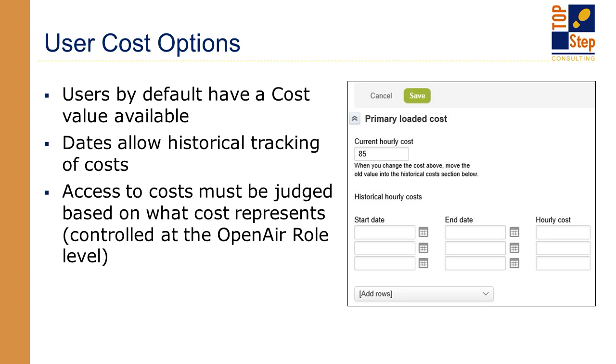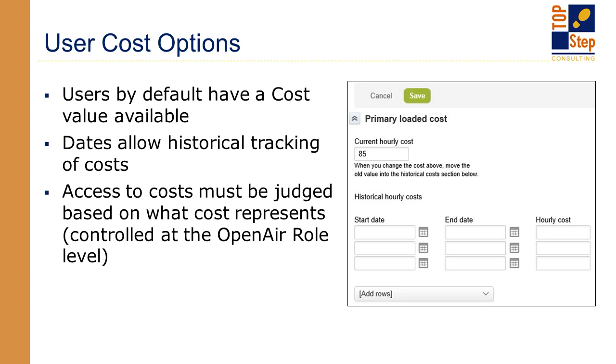Something else you can do is you can also track cost changes historically. So for example, if somebody gets a salary increase, and using this example, this user is currently at an hourly cost rate of $85. If they get an increase today to $100 an hour, we would want to make a historical cost entry. Your start date would be their date of hire, or perhaps the last time they had an increase.